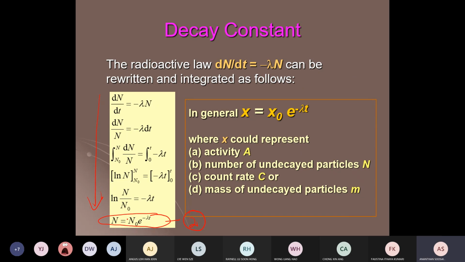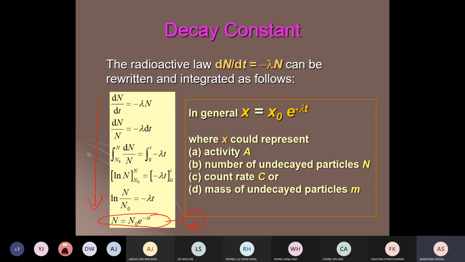Actually, this second formula is obtained from the first formula, A equals negative lambda n. They bring the n to one side and dt to the other side, and integrate from n naught to n. n naught is the original number of particles, and n is the number of particles still remaining after time t.